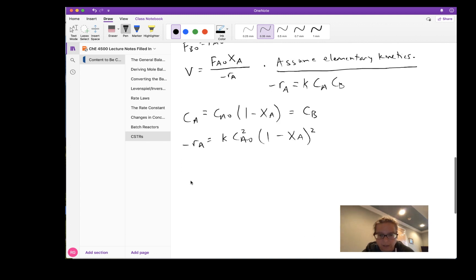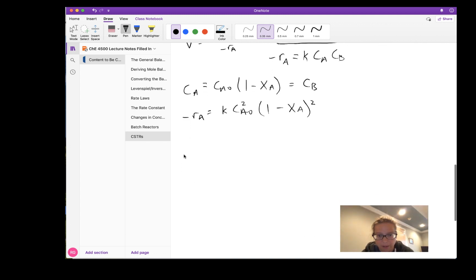So now I can enter that into the mole balance. V is equal to Fa naught Xa divided by k times Ca naught squared times (1 minus Xa) squared.